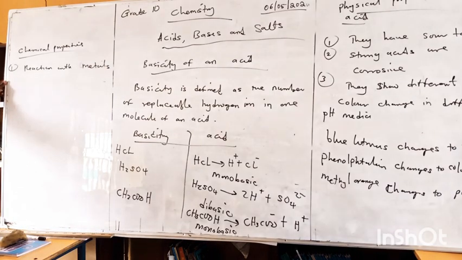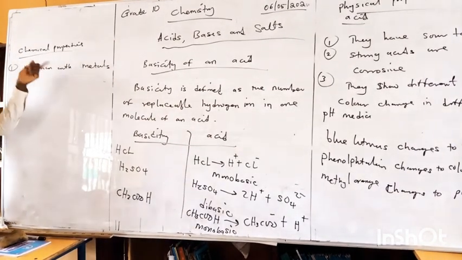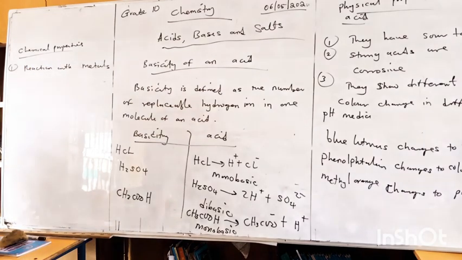Metals that are above hydrogen in the electrochemical series: when you add zinc to an acid, or calcium or magnesium, those metals are above hydrogen in the electrochemical series. They will liberate hydrogen from the acid. So when you add a metal to an acid, there will be a chemical reaction, and there will be evolution of hydrogen, but it's only metals above hydrogen in the electrochemical series that will liberate hydrogen from acid. So with reaction with metals, hydrogen is liberated.